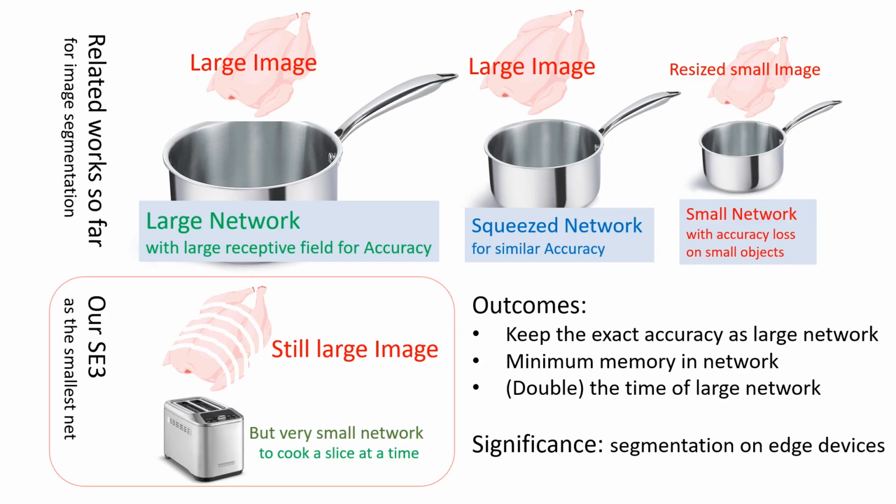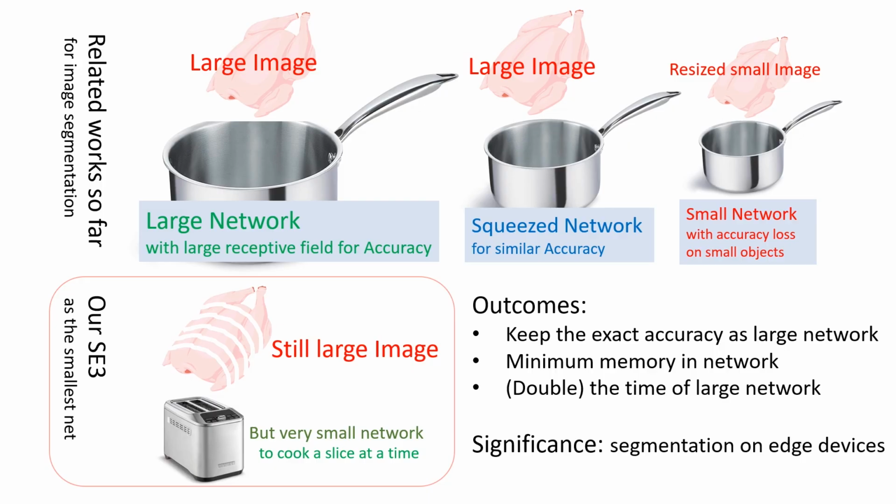To keep a large receptive field for the accuracy to grasp the global structures, we can use a large network, large patches. At the same time, for real applications, you can squeeze the network by using dropout nodes, that is, including channels and links in the computation, to make the network smaller.